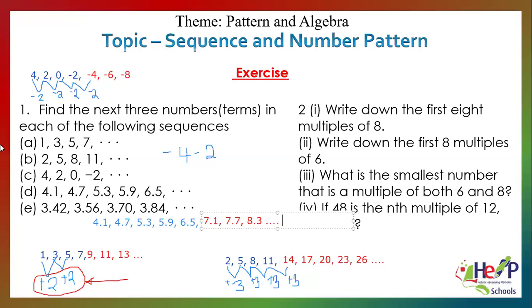So explain how you were able to get those values. I added 0.6 to every decimal. Caleb is adding 0.6 to every number.